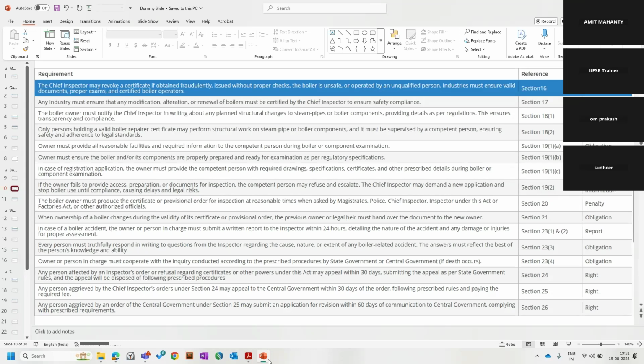For example, if you are making any changes to your boiler or your steel pipes or any other components of the boilers, the modification has to be authorized by the chief inspector. In the sense, they have to approve that alteration or such modification.